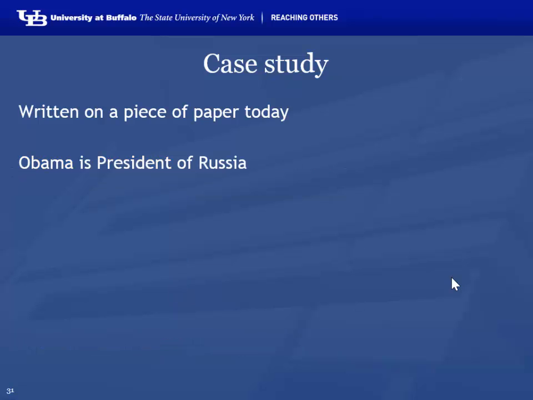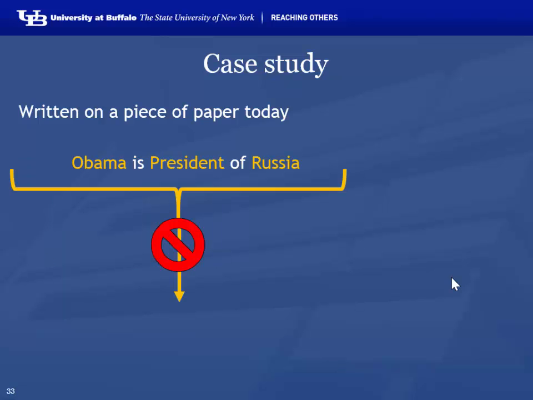Obama is president of Russia is about Obama, it's about the office of the president, and it's about Russia. But it's not about any configuration, because it's false.